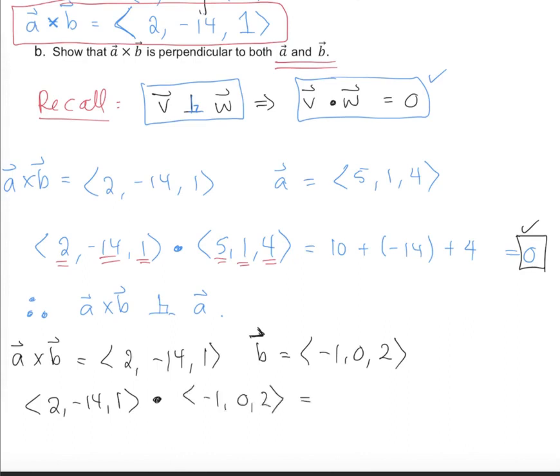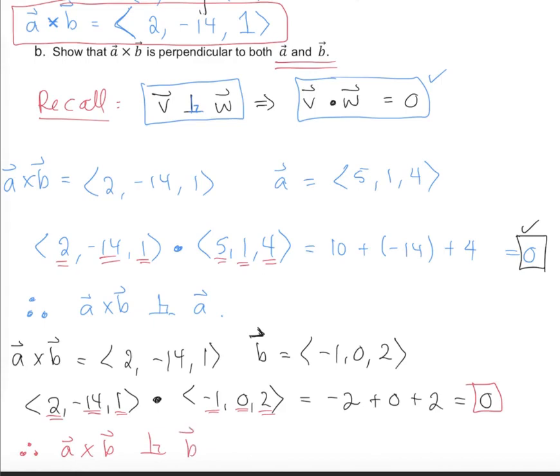And this dot product is 2 times negative 1, which is negative 2, plus negative 14 times 0, which is 0, plus 1 times 2, which is 2, and we see again that this dot product is 0, so therefore, A cross B is also perpendicular to the vector B.